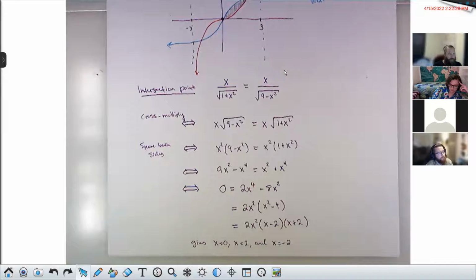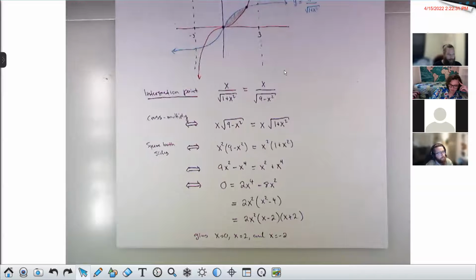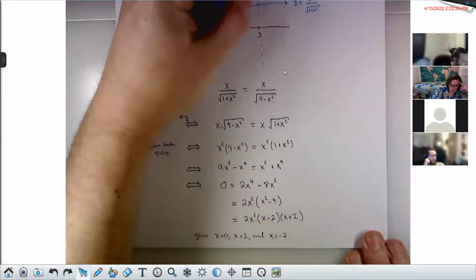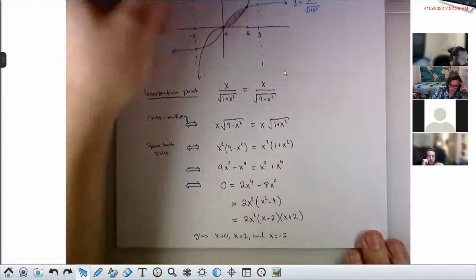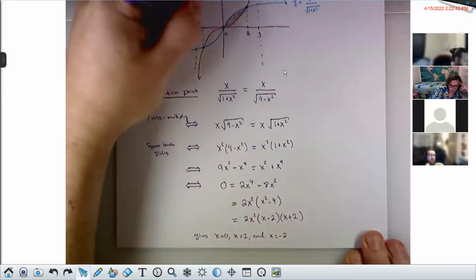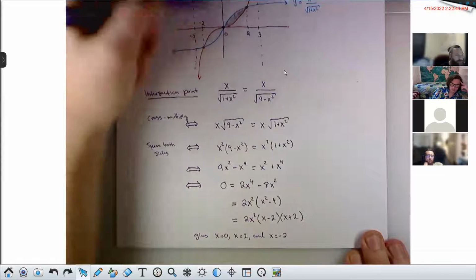So the 0 we already knew. That's this fella. That means this must be x equals 2, and the guy over here that we don't actually care about because he's negative and we're not interested in that, we're just looking over here, that would be negative 2.